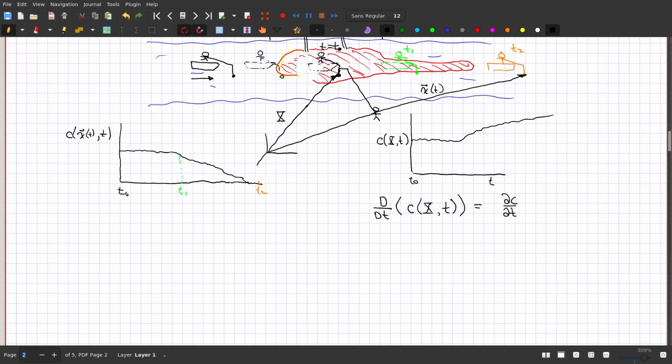I use the big D dt to imply a total derivative, right? I'm going to take the derivative with respect to everything in there, and because x is not a function of time, doesn't change, the d dt of x is 0, and so all I end up with is this.